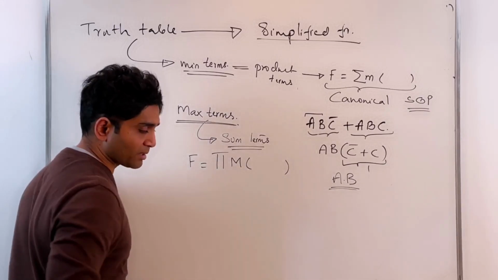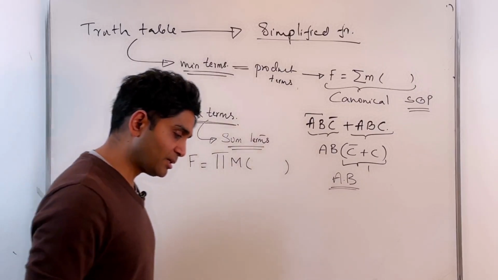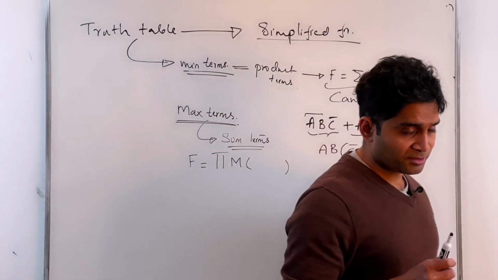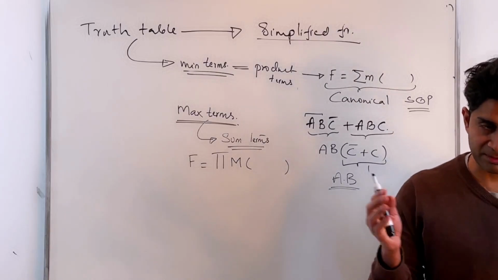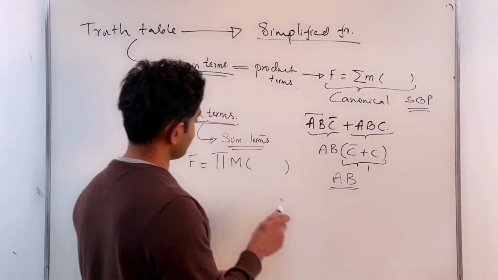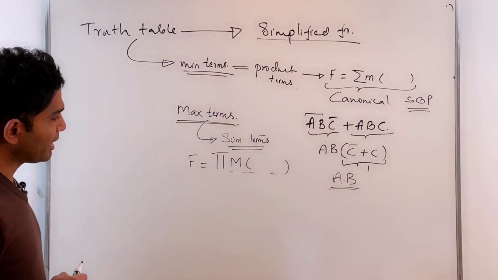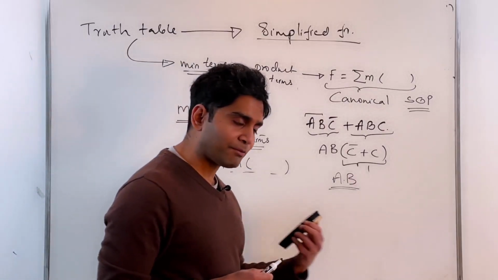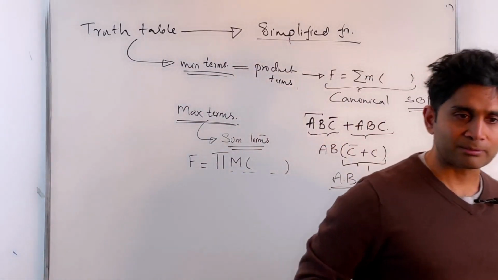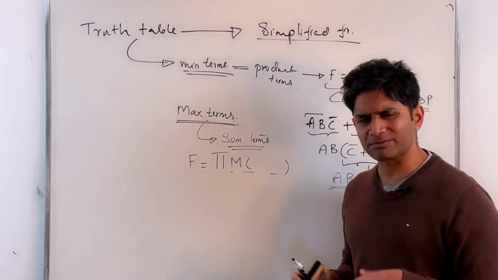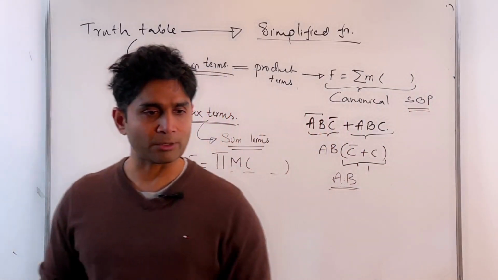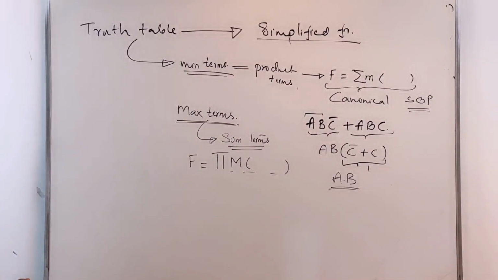Now, how do I express this? Again, I choose those max terms for which my function is false, and then express them as a product of max terms. Okay. And the logic behind why we choose those max terms for which the function is false, we have seen in the last class, right? So I hope you still remember that. Okay.